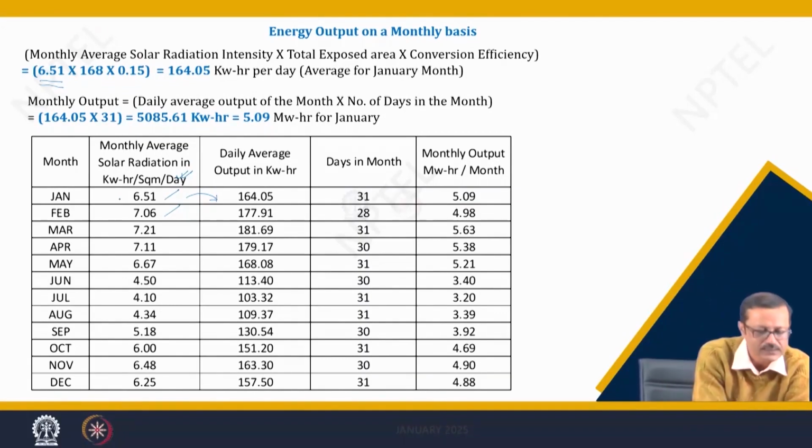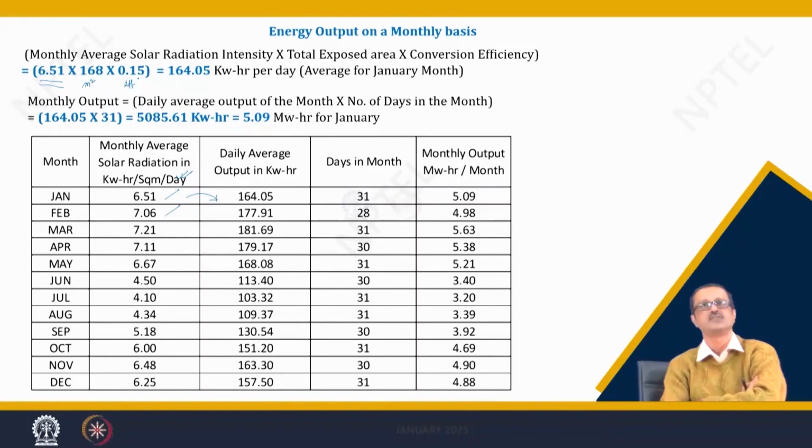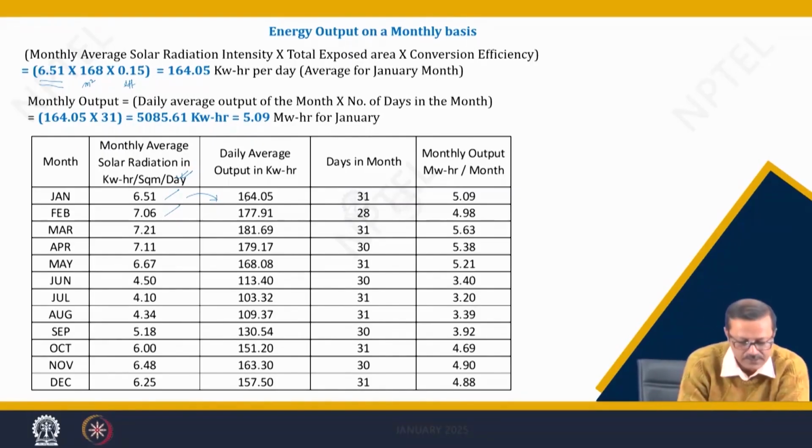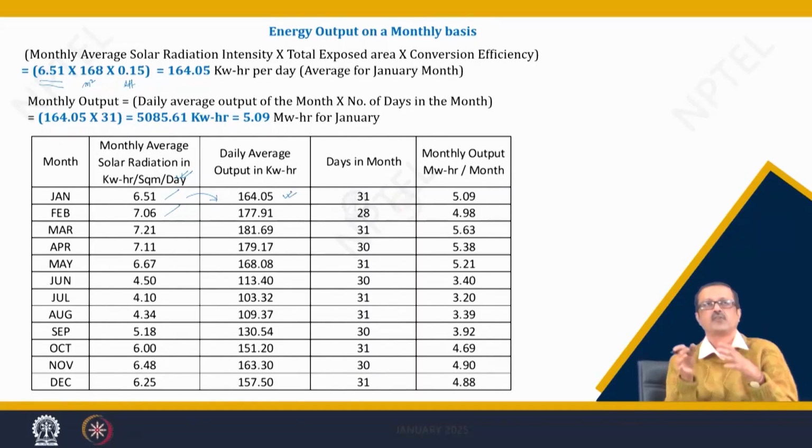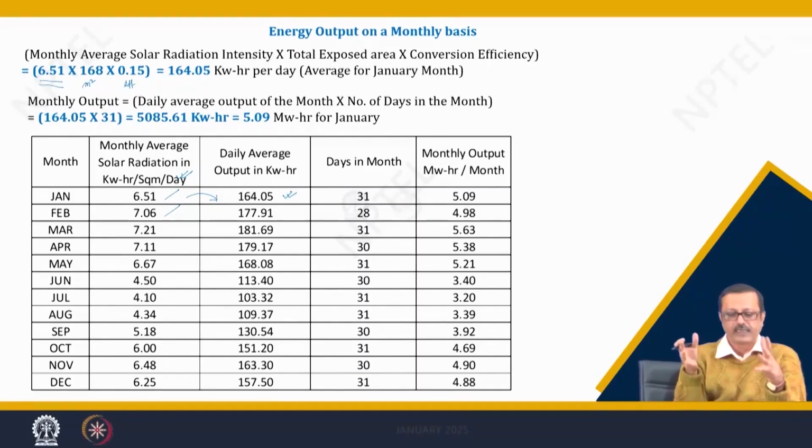Next I multiply with the meter square and the efficiency. That means 164.05 kilowatt per day can be generated in the month of January. If your total load per day is something like 160, 162, it is good. It can take care of that.